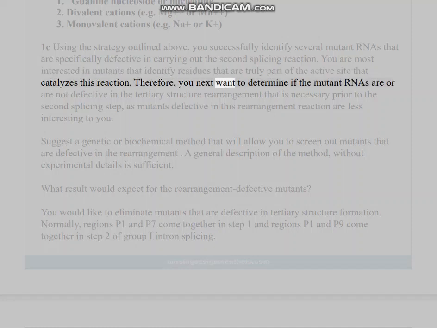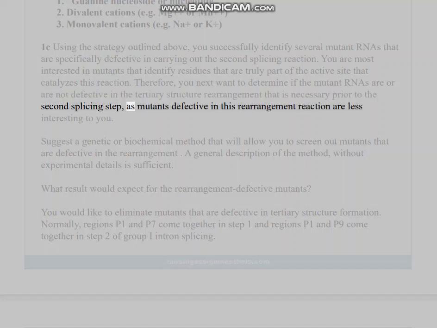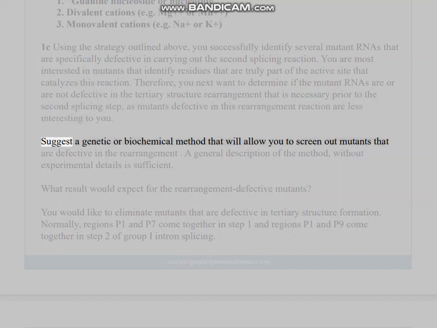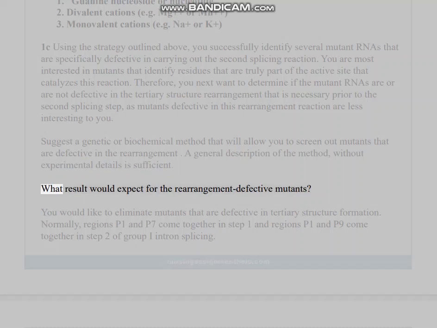Therefore, you next want to determine if the mutant RNAs are or are not defective in the tertiary structure rearrangement that is necessary prior to the second splicing step, as mutants defective in this rearrangement reaction are less interesting to you. Suggest a genetic or biochemical method that will allow you to screen out mutants that are defective in the rearrangement. A general description of the method, without experimental details, is sufficient. What result would you expect for the rearrangement defective mutants?